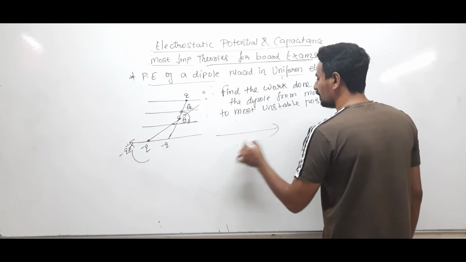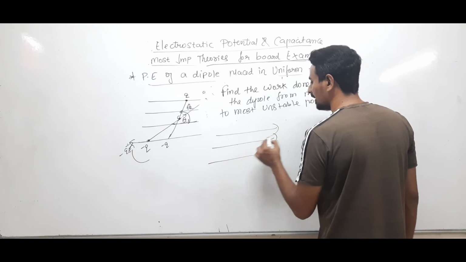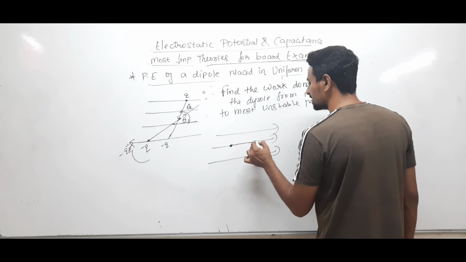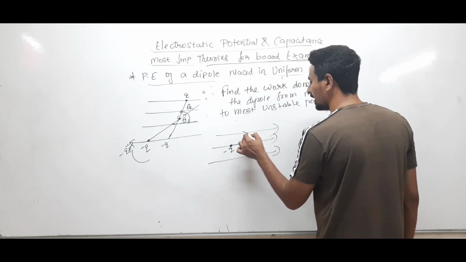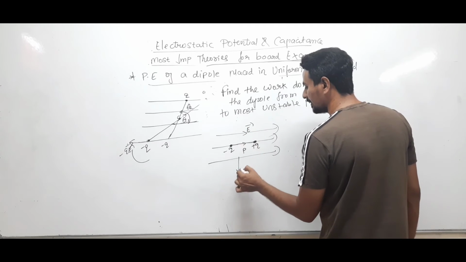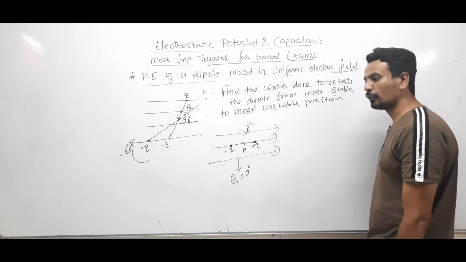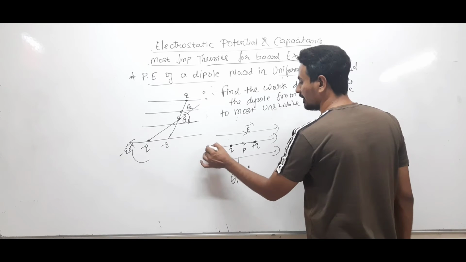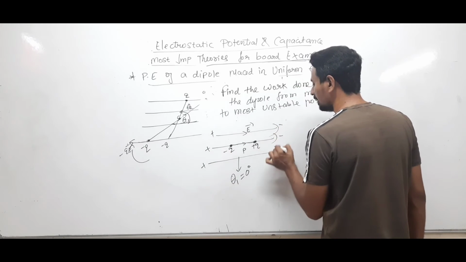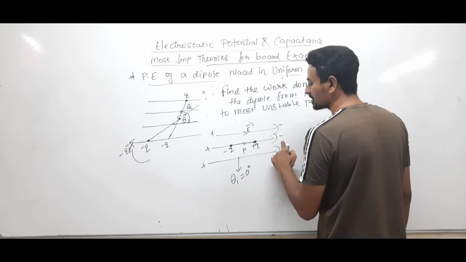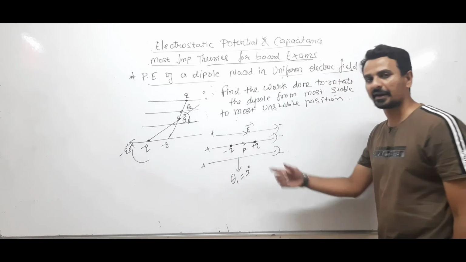When dipole, this is your electric field. When a dipole is placed this way, minus q, plus q, dipole moment, electric field, that means when theta is 0, this is the most stable position. Dipole can remain in this position. This is plus, electric field will be, so plus will be attracted towards minus, minus will remain attracted towards plus.